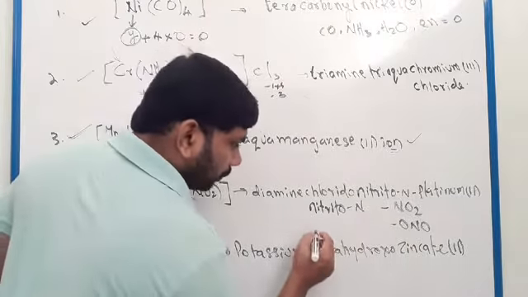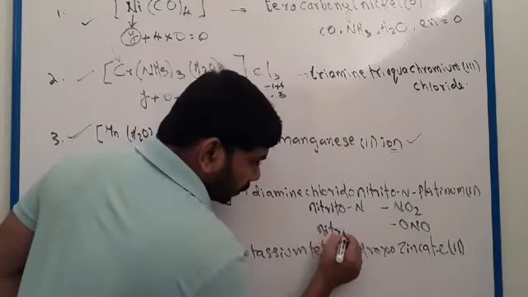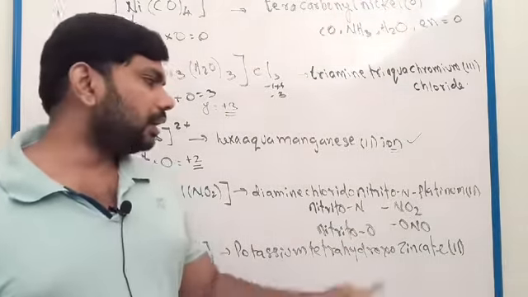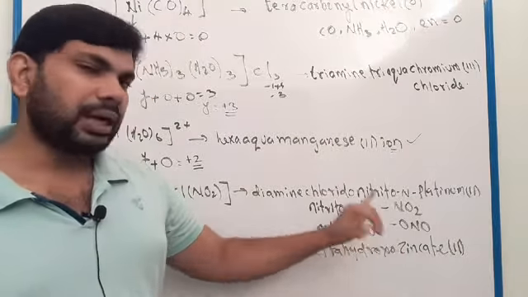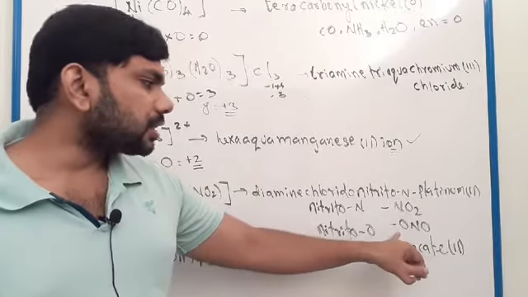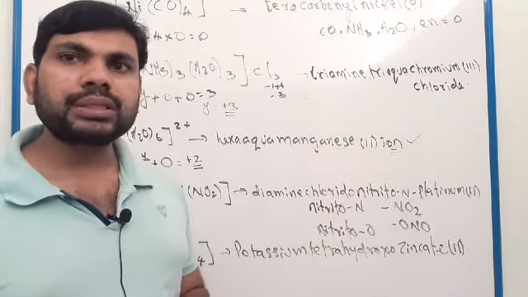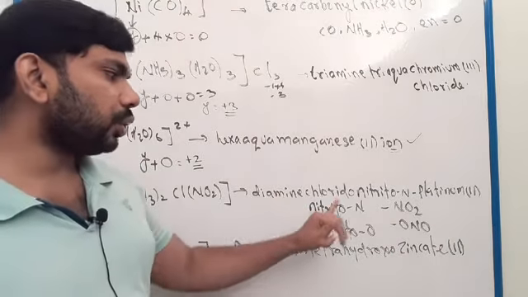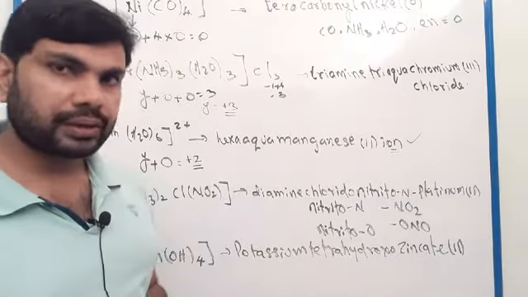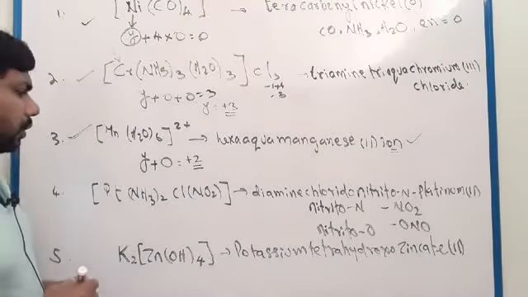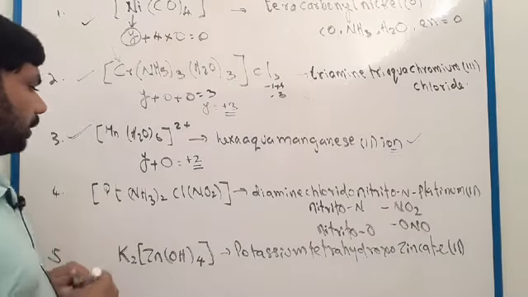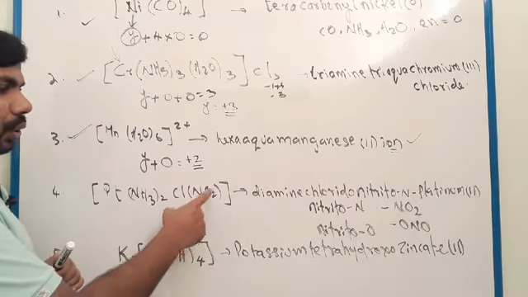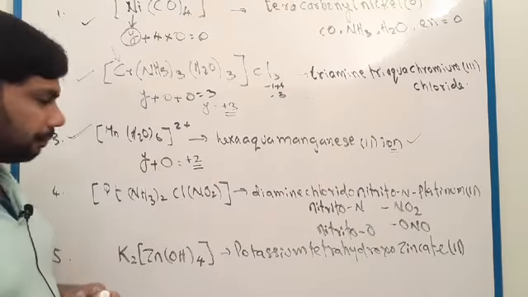If there is ONO, we will write nitrito-O. Nitrito-O means also NO2, nitrogen and 2 oxygen atoms, but oxygen makes linkage with the central metal atom. Remember this: NO2 and ONO, nitrito-N, nitrito-O. Clear? So look here. To name this one: diammine, chlorido, nitrito-N.